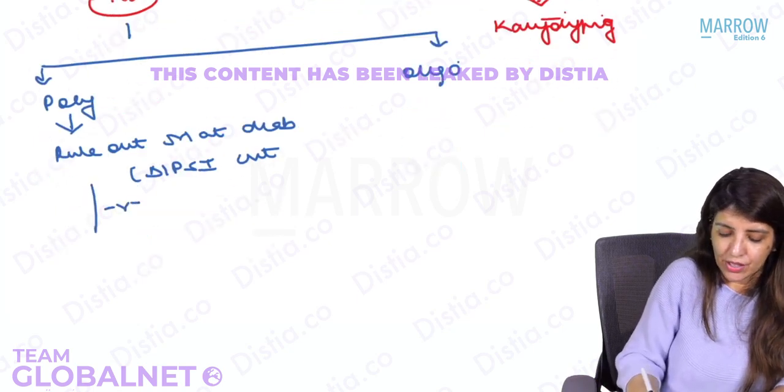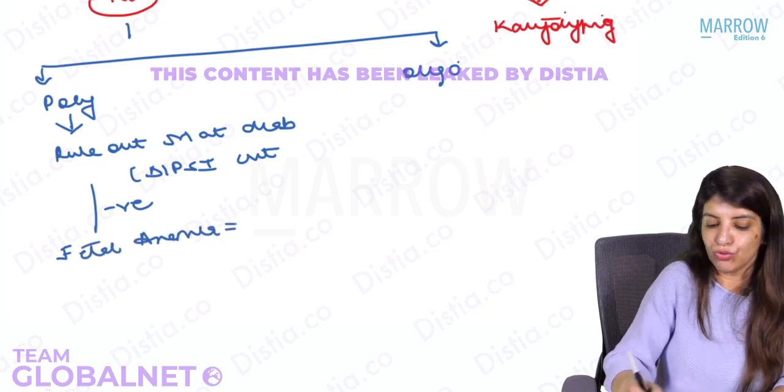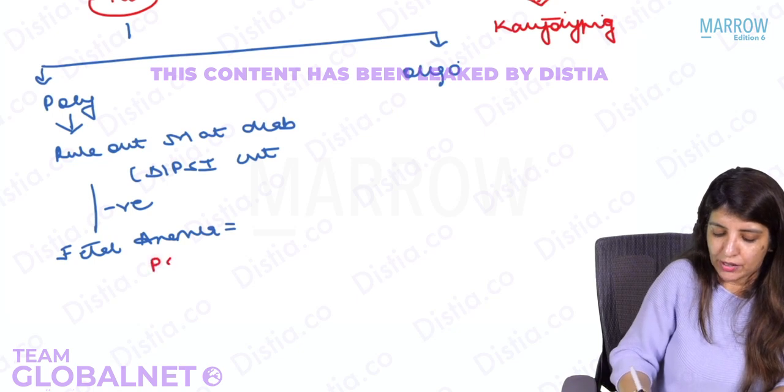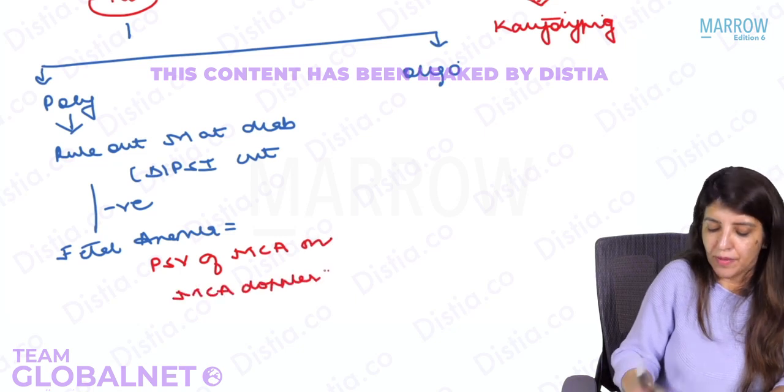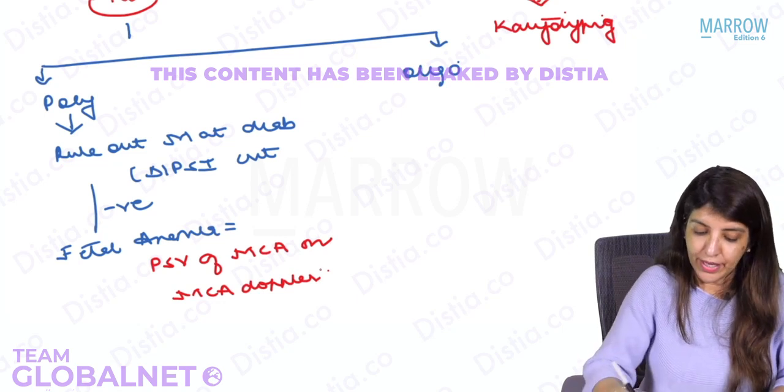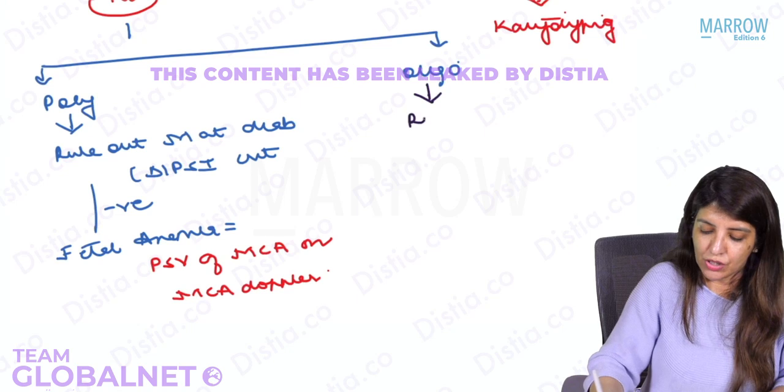If this is negative, rule out fetal anemia. How are you going to rule out fetal anemia? By checking the peak systolic velocity of the middle cerebral artery on middle cerebral artery Doppler, right?